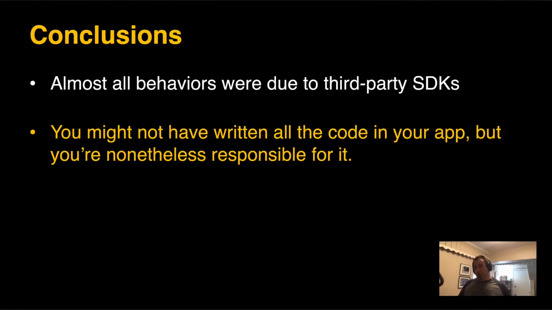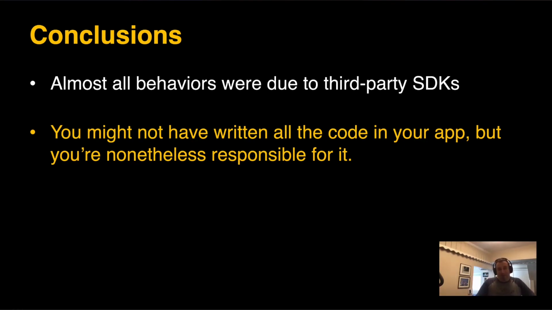And so all of these behaviors that are circumventing the permission system were due to the use of third-party SDKs. So the real takeaway here is that in many of these cases, it's likely that the developers had no idea that not only were their apps violating Google's policies for use of certain types of user data, but they probably had no idea that any of this was occurring. But nonetheless, these app developers are still liable for it because it's code that they chose to bundle in their apps.